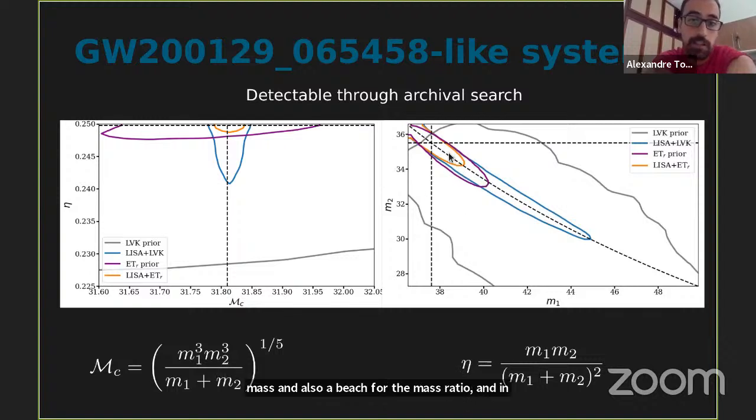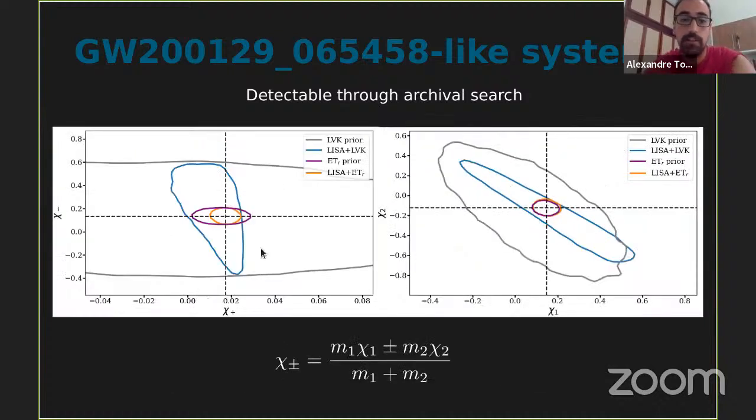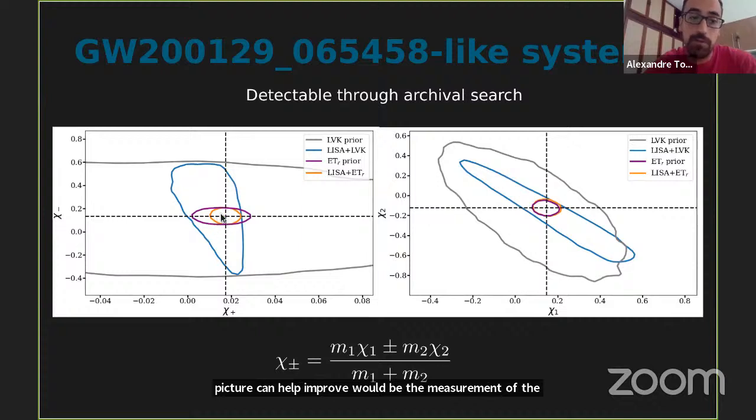In this particular case, once you combine this, you see for the individual masses that LISA can help improve a bit the measurement of the masses. And finally, for the spins, it's again a similar picture. It can help improve a bit the measurement of the effective spin, not so much of the other spin combination, and so it has almost no impact when you look at individual spins.